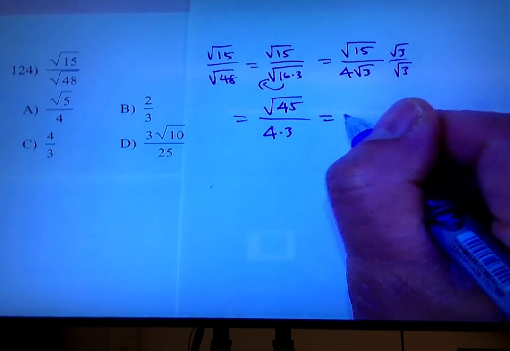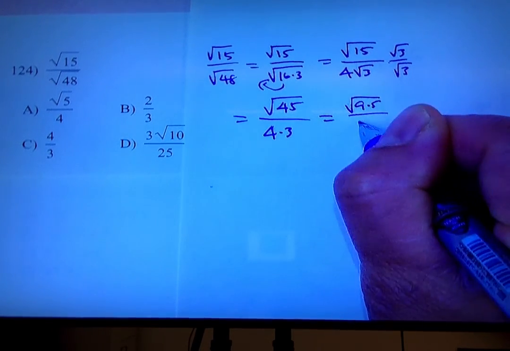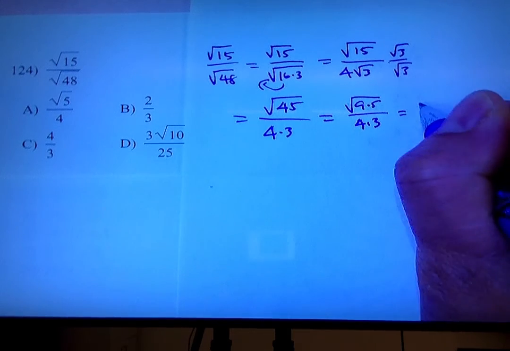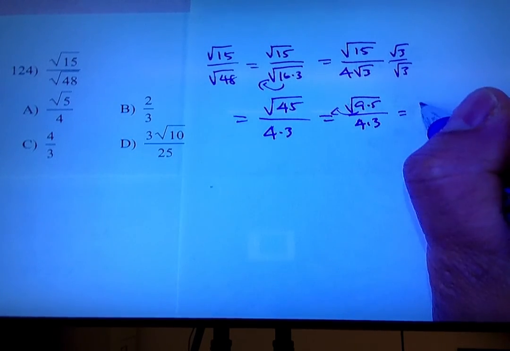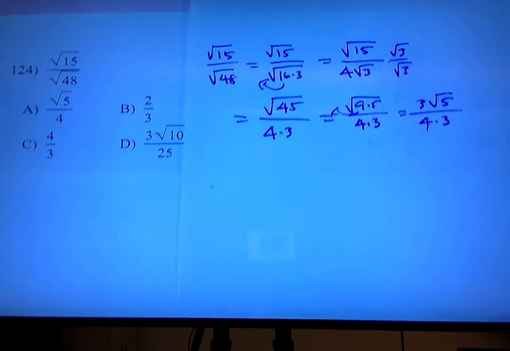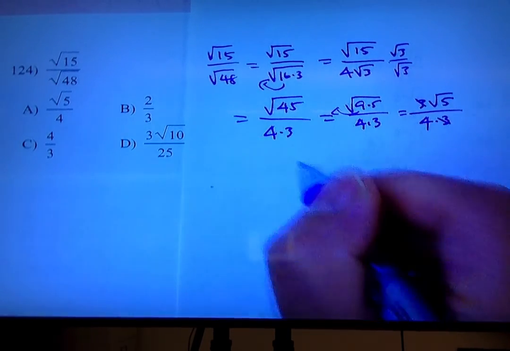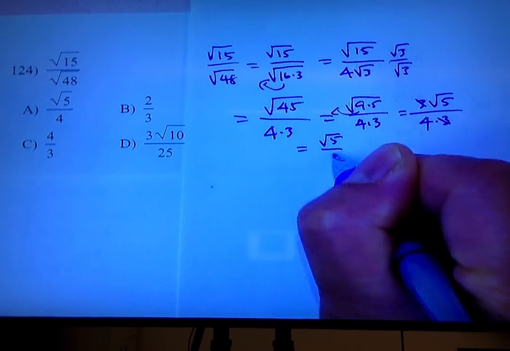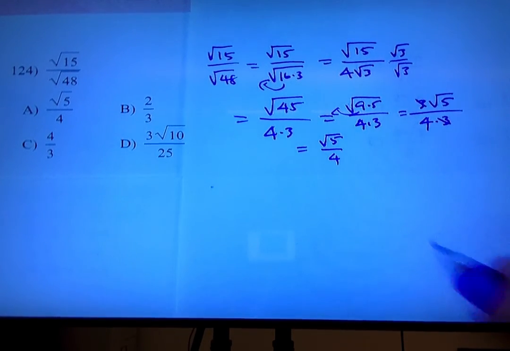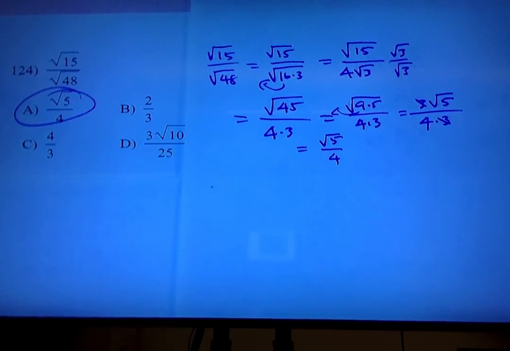The 9 comes out as a 3. And you can see that these 3's eliminate. So what are we left with? Root 5 over 4. Did all that show up on the screen? Yes, it did. So our answer is A as in apple.